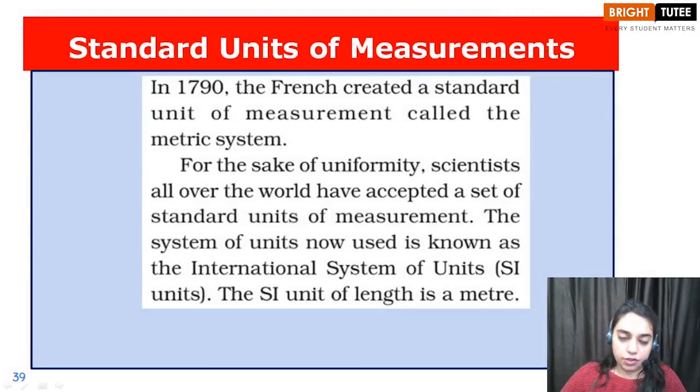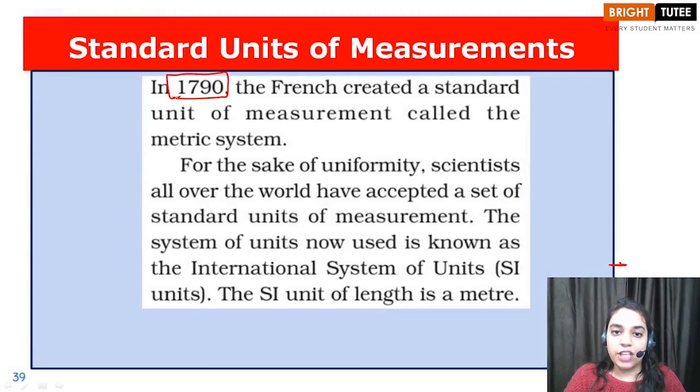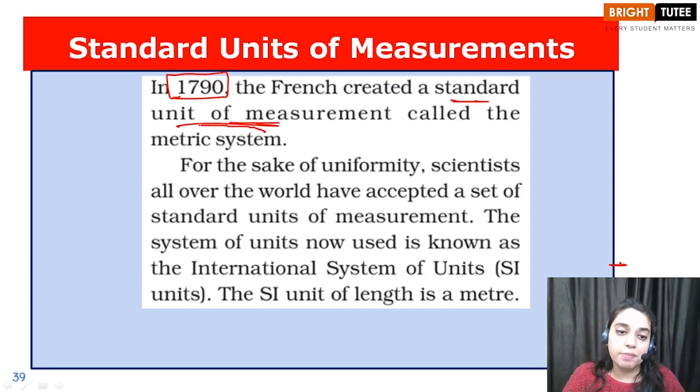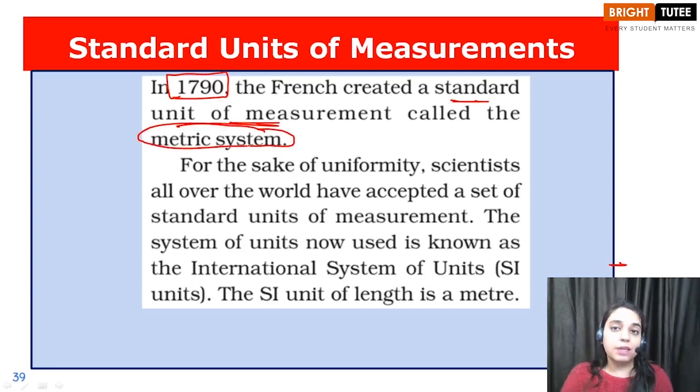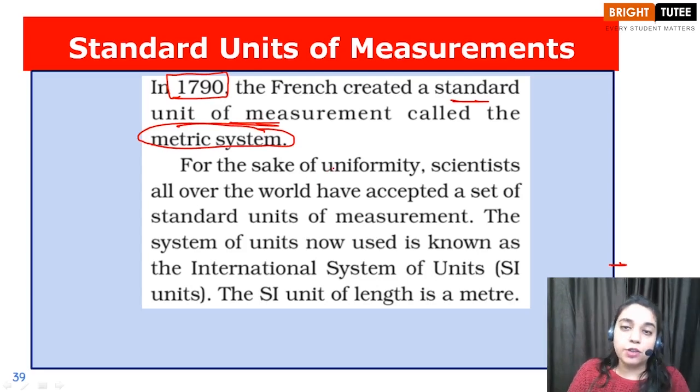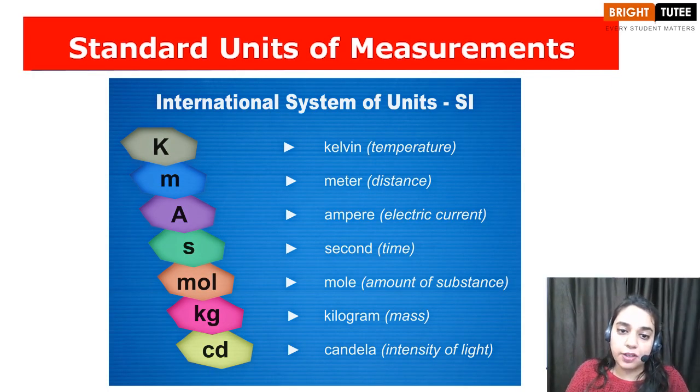In 1790, the French created a standard unit of measurement and called it the metric system. Children, this is really important from the exam point of view. The French created the standard unit of measurement, which we call the metric system.